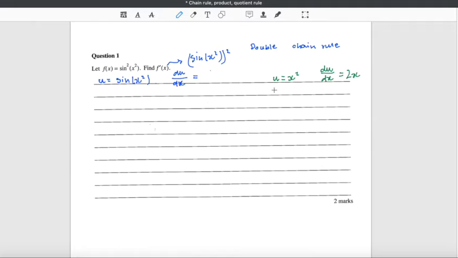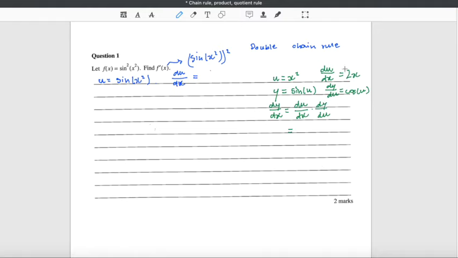When we're using the chain rule, we write y. y is equal to sine of u, aka our whole function is sine of x squared, so sine of u. And the derivative of y with respect to u, well, the derivative of sine is cos, so it's cos u. Alright, we know that the chain rule says dy dx is equal to du dx times dy du.